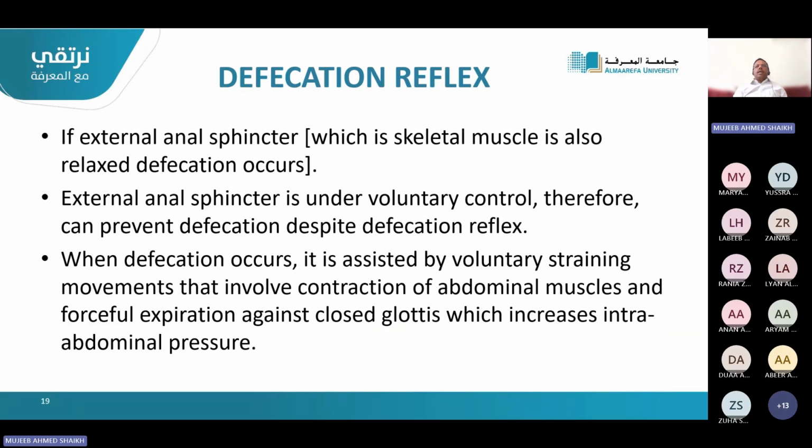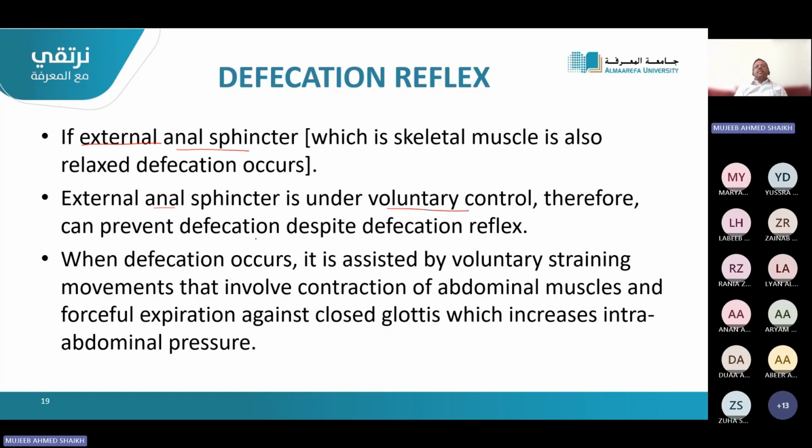But if you are in a position to relax or go to the bathroom, you may voluntarily relax the external sphincter because it is formed by skeletal muscle. So if the external sphincter is relaxed, then the feces will come out. Otherwise not. Otherwise this reflex will end because the external sphincter is under voluntary control.